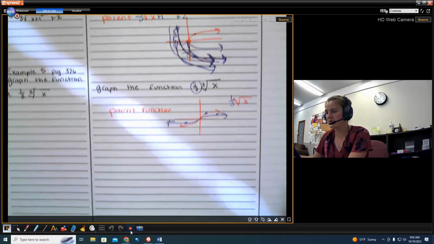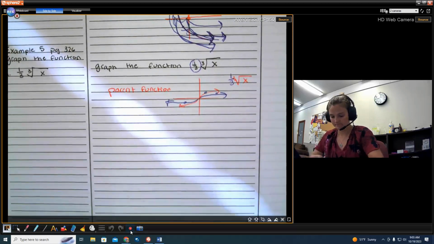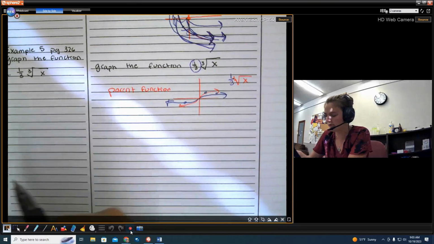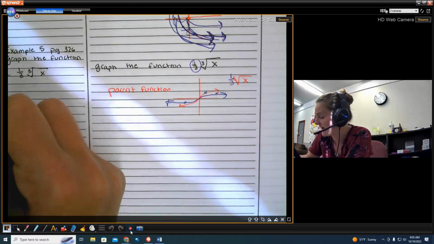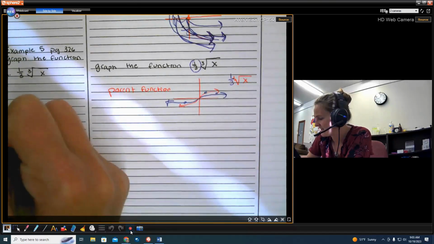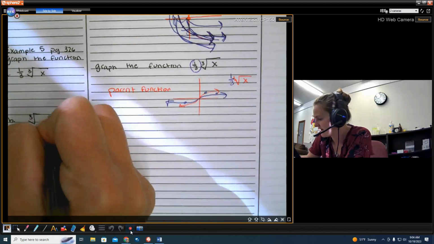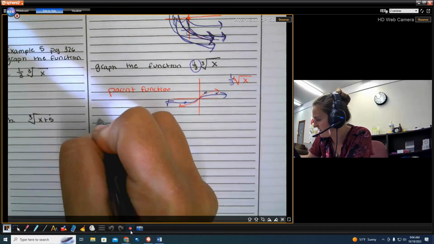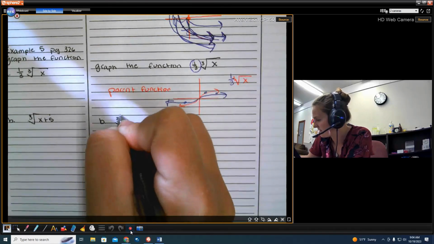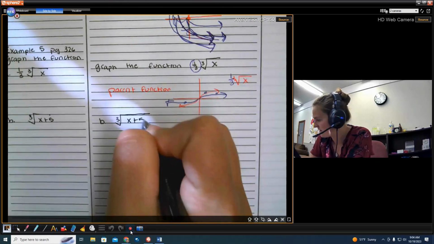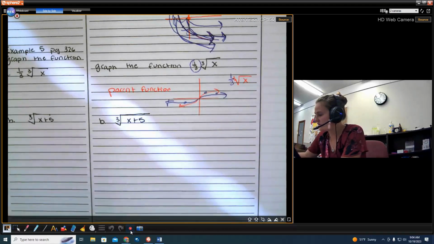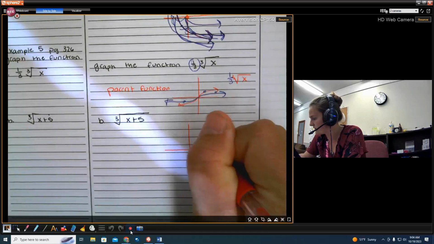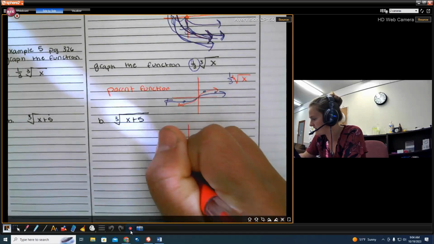All right, so that is A. So we can write B. B is the cube root of x plus 5. All right, so B, cube root of x plus 5. Okay, so my parent function again is just going to be that cube root, which looks like this.